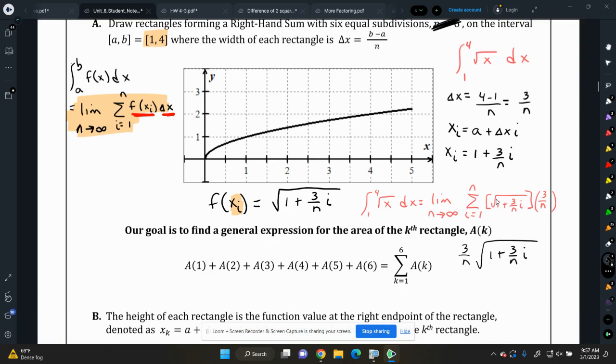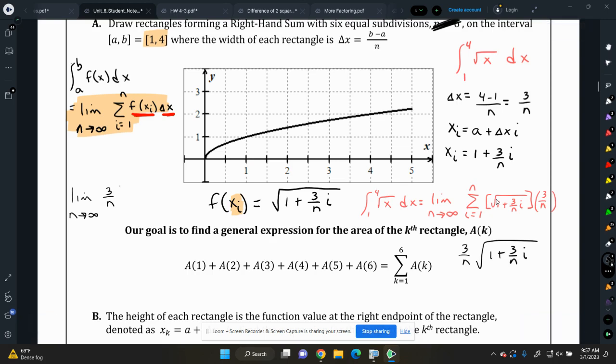Also, sorry, it's messy on the notes here. We're taking the limit as n approaches infinity, right? So if I were to do this summation, I would plug in the 1 plus, and I plug in the next number 2 plus, and the next number 3. Every single time I've got this 3 over n. So one of the properties of summation says that we can bring that number out. 3 over n is a constant.